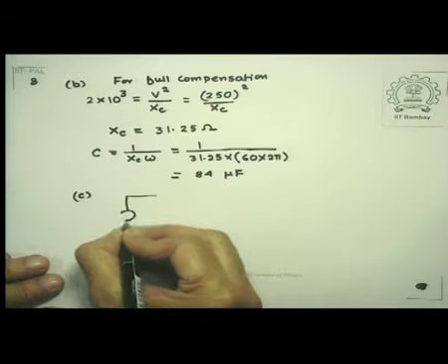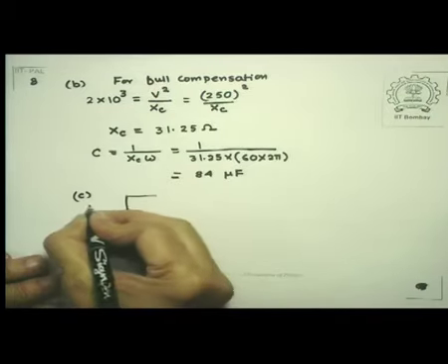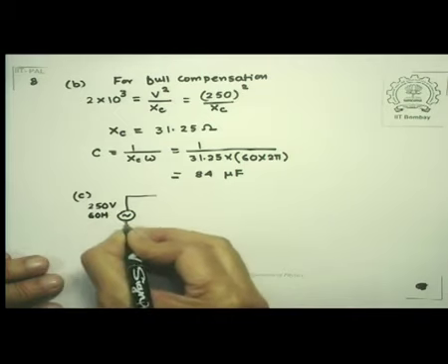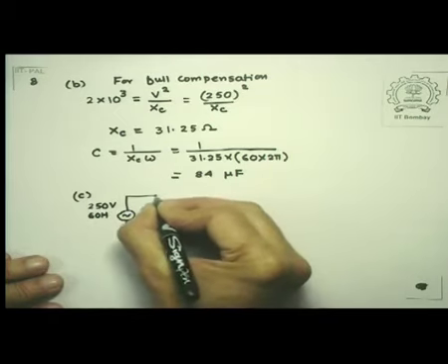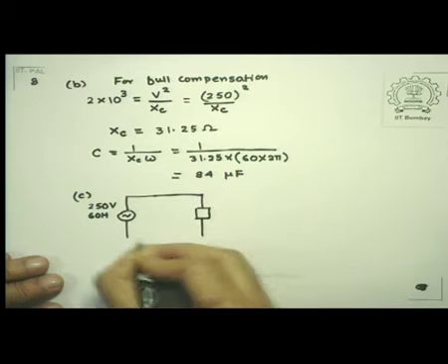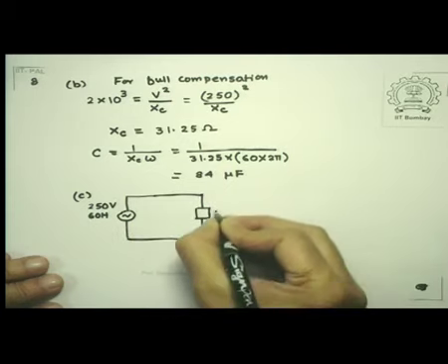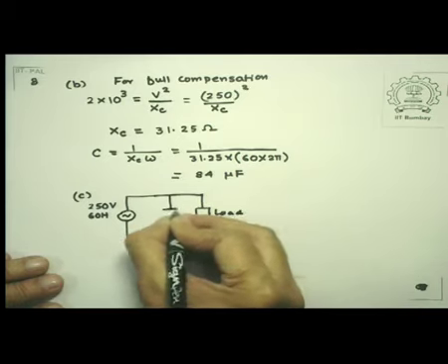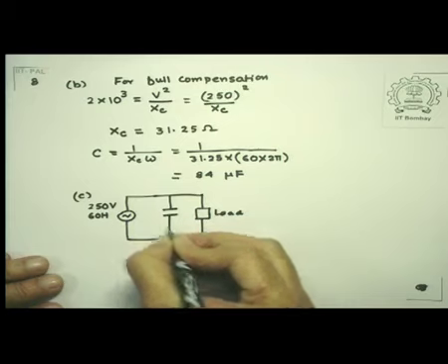So let me see how much of correction I have made. So my circuit now becomes 250 volts, 60 hertz. I had a load here, which I need not worry about right now. And I had decided to put in a capacitor which is 80 microfarad.